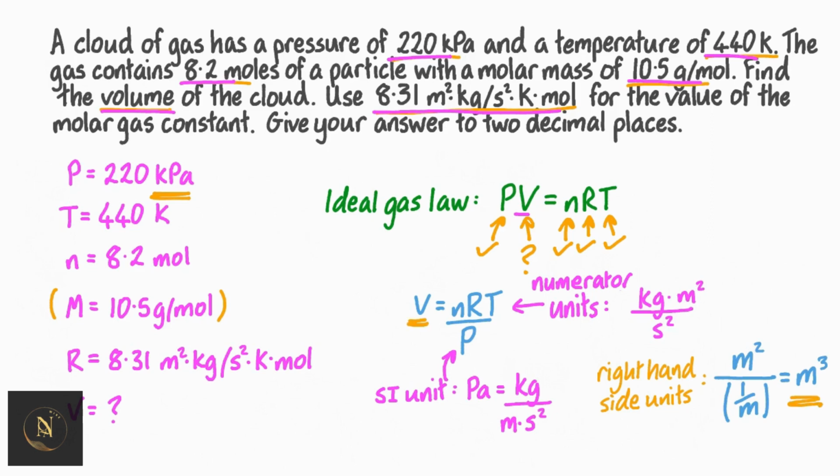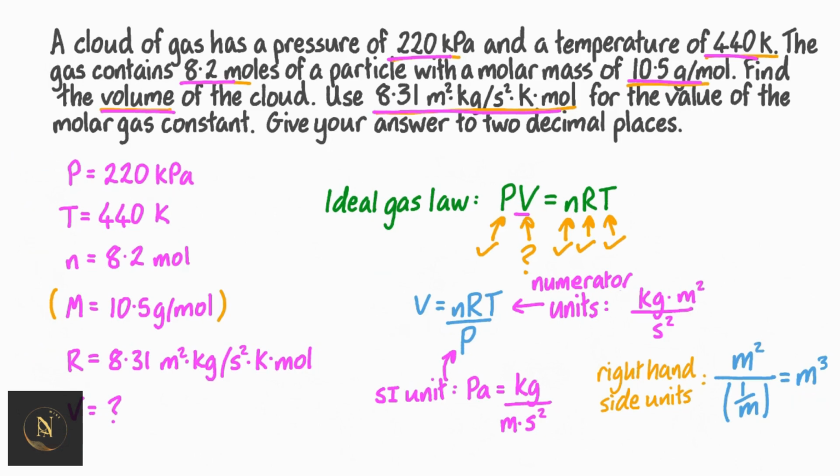The outcome of all this discussion about units then is that if we use the quantities N, R and T on the right-hand side of this expression with the units that they've been given to us in, then in order to calculate a volume V with units of meters cubed, we'll need a pressure P in units of pascals.